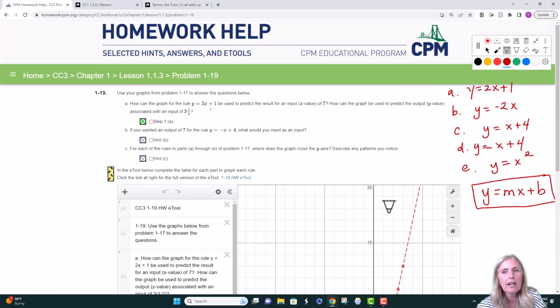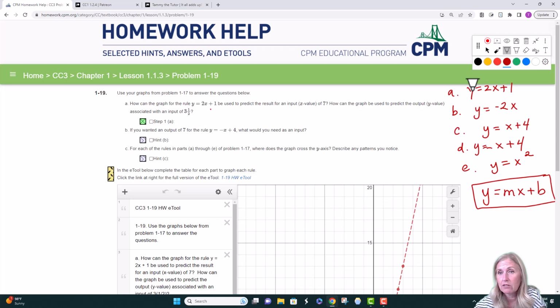So every time you graph one of these that's in this form, it's going to give you a straight line. It'll always start with y equals, and you'll have an m and a number, and then your x. And then sometimes you'll have a plus or a minus another number. Sometimes you won't, and I'll tell you what that means. But for now, just notice how this one and this one are modeled after this pattern.